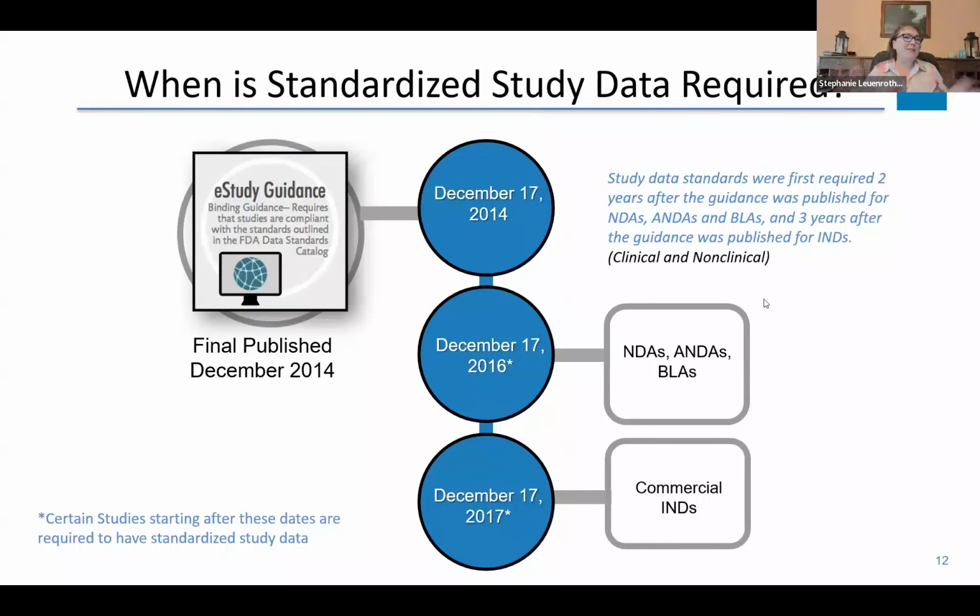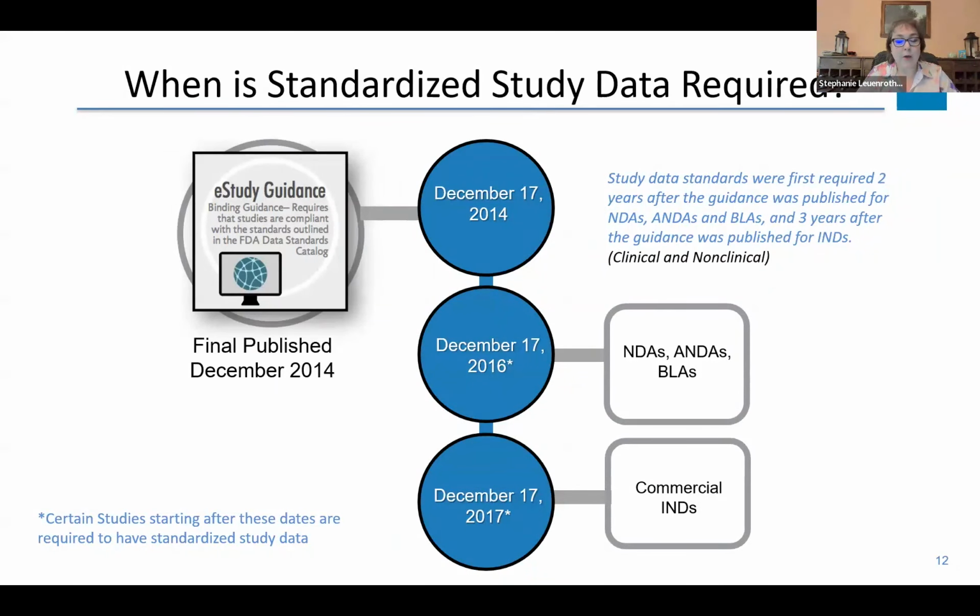All right, so when did this all begin? The publication of the 745A and the publication of the e-study guidance and even the eCTD guidance came a little bit later. But for data standards, this was all published December 17th of 2014. As I stated, within that guidance, there was an original framework for when the implementation would begin.